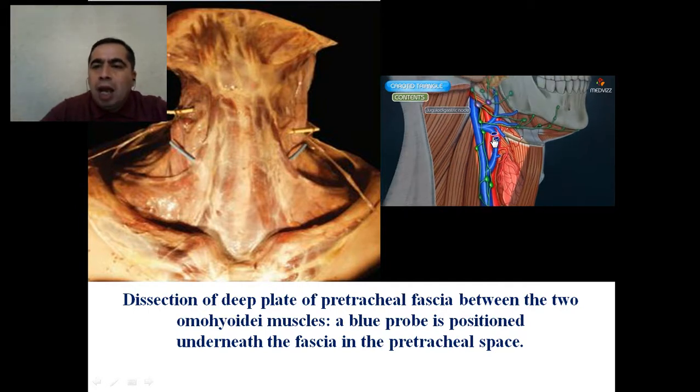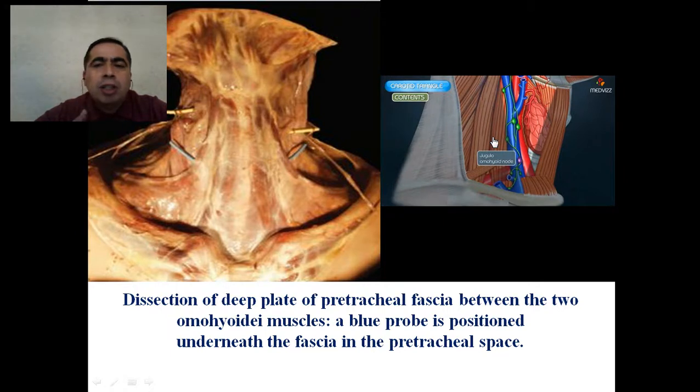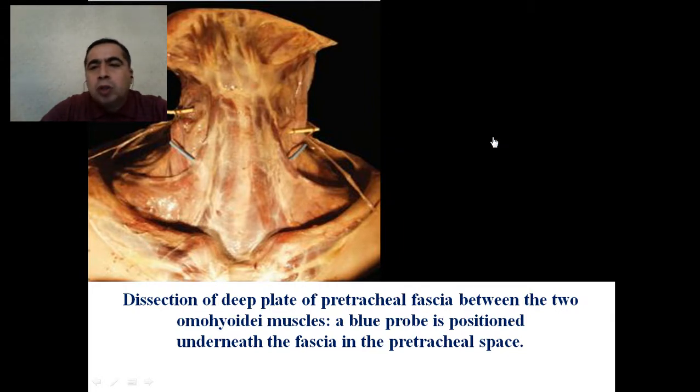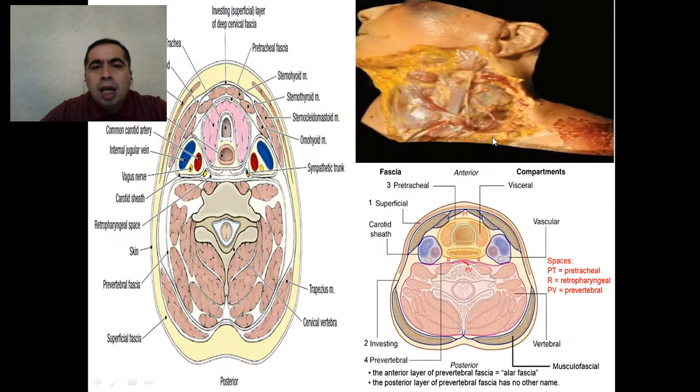And the lymph nodes of this region are divided into the superficial and the deep group. They are located mainly around the veins, because the deep group is called the internal jugular lymph nodes of the neck.